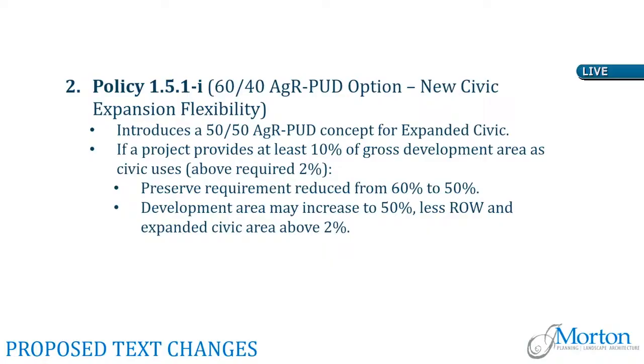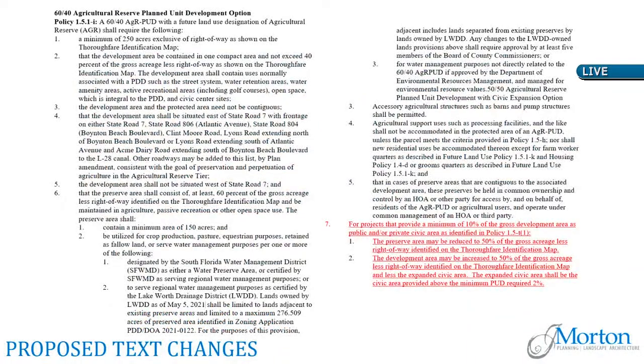Then the preserve requirement, which currently is at 60%, goes to 50%, and the expanded civic area is allowed to be leased out of the development area. And I'm going to go through a calculation on how this is implemented within the Whitworth PUD after I go through the specific text language. So the proposed text change for that policy would read, next slide, as follows.